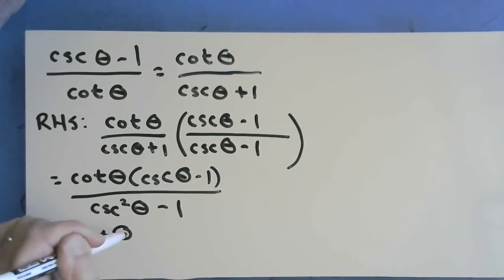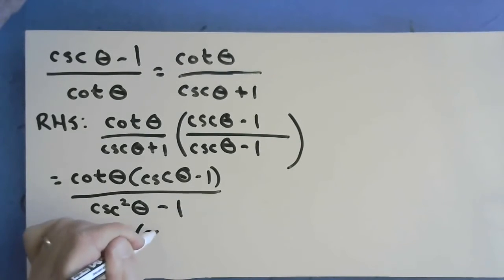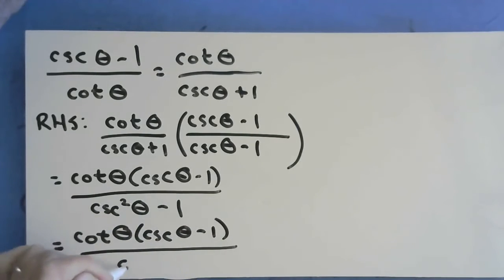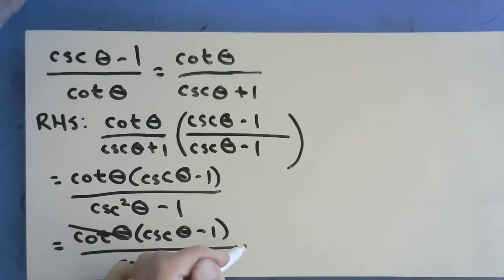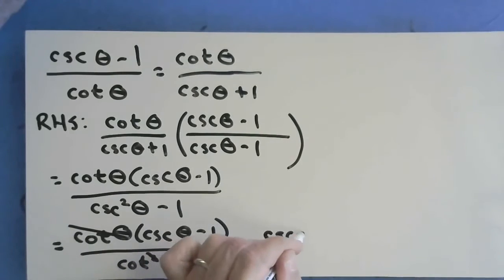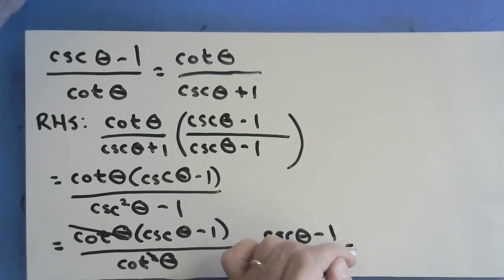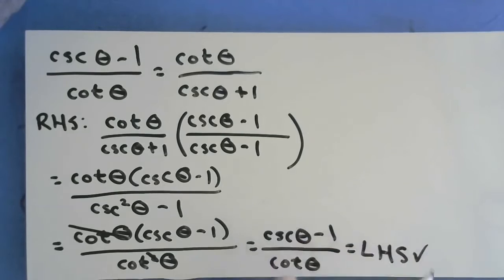So if I write this as cotangent theta times cosecant theta minus 1 over cotangent squared theta, then I know that this is one factor and the stuff in the parentheses is another factor in the numerator. I can cancel one of these cotangents with one of those, and I end up with cosecant theta minus 1 over cotangent theta, which is the left-hand side and what we set out to show.